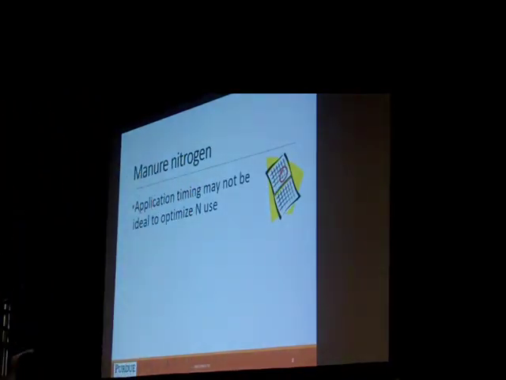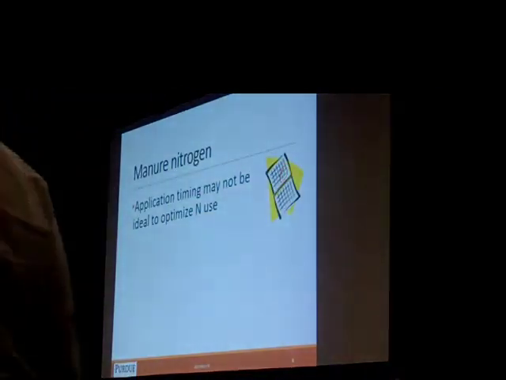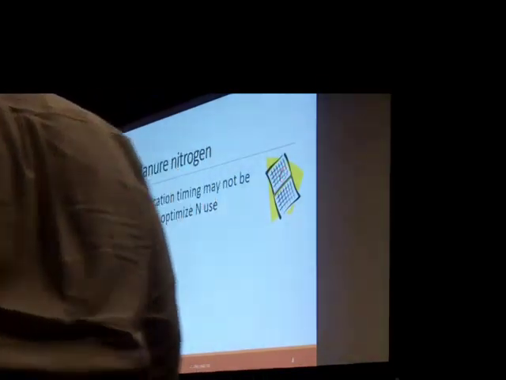We have facilities that don't have much storage, and you see manure being applied to fields that will grow corn in May, with applications occurring in August, September, October, November, December, January, and February. So the timing is not ideal to optimize nitrogen use, and you'll see that a lot of our manures are really not much different than commercial fertilizers in the forms and availability of nitrogen in those manures.